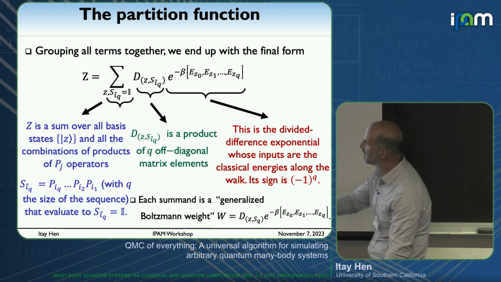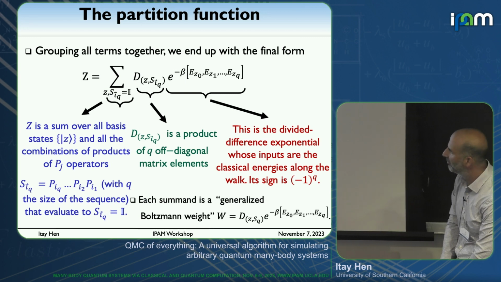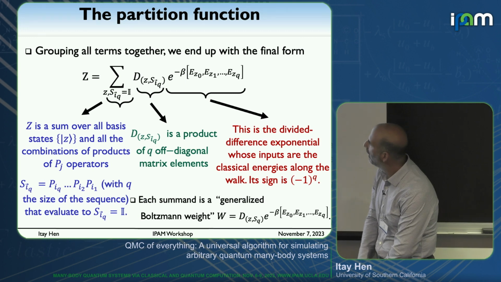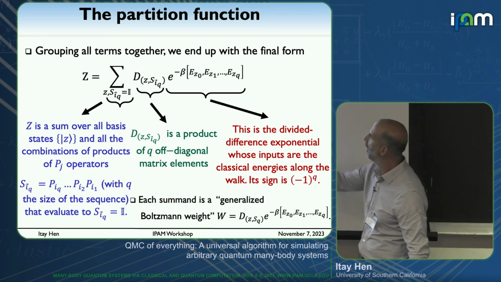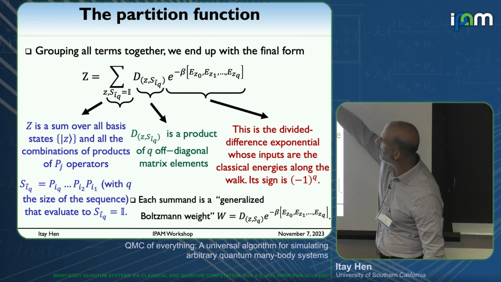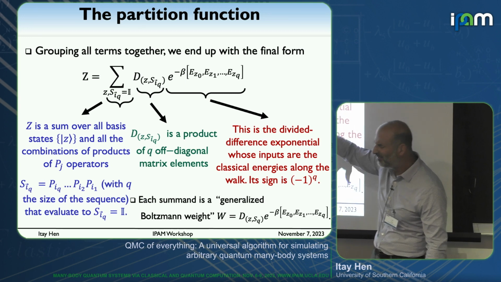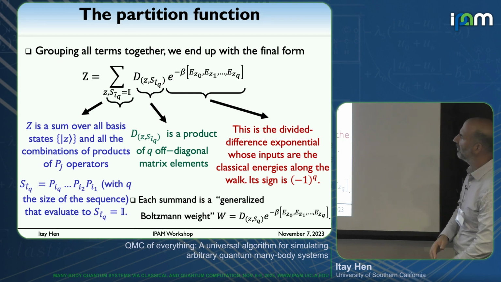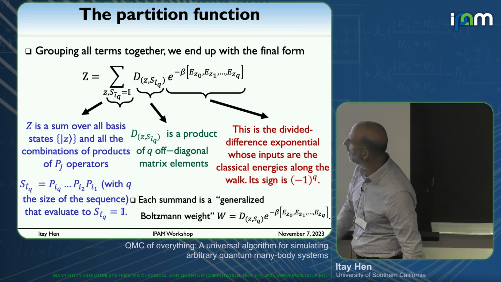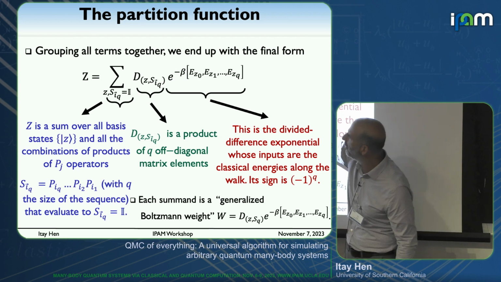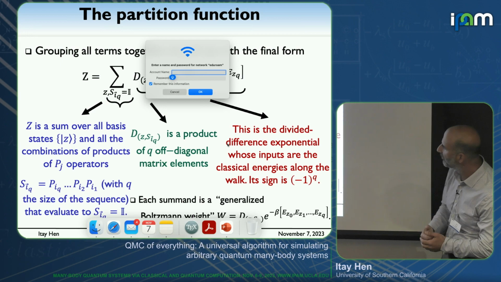So it's basically a sum over basis states and combinations of products of permutation operators. For each such configuration, we only need to calculate a divided difference, and there are other d's that come from the off-diagonal contributions. This d over here is a product of matrix elements, very easy to calculate.